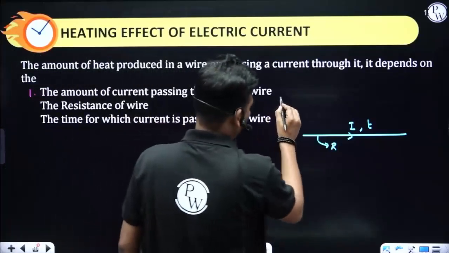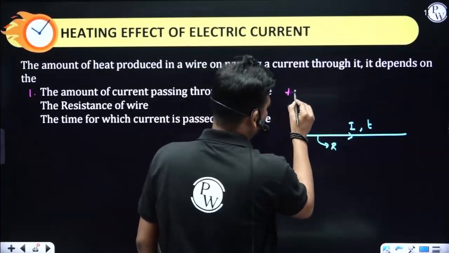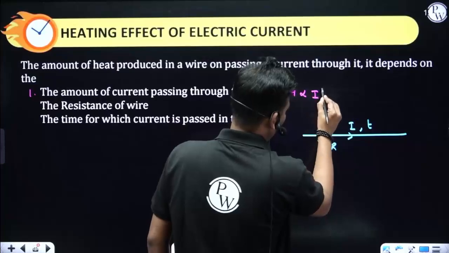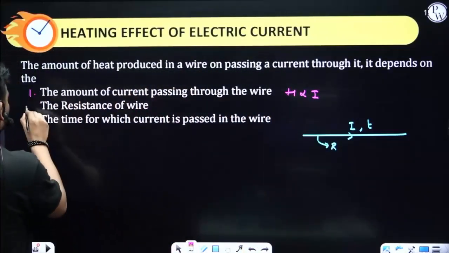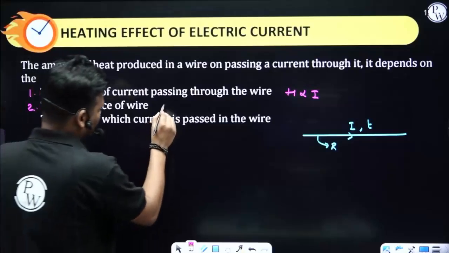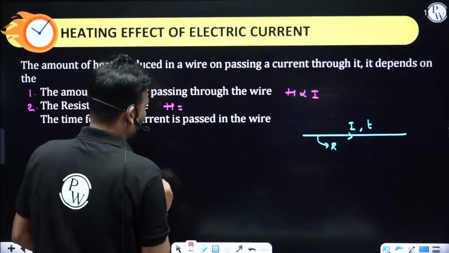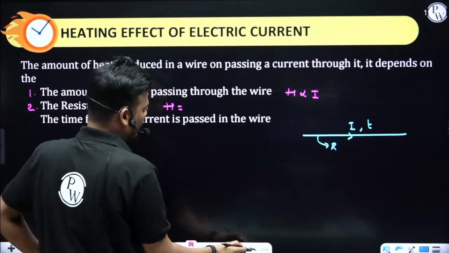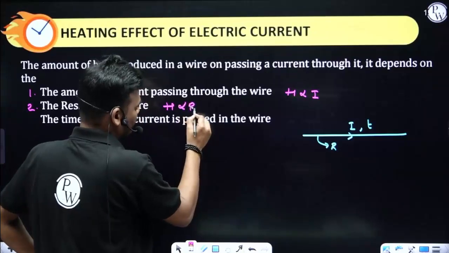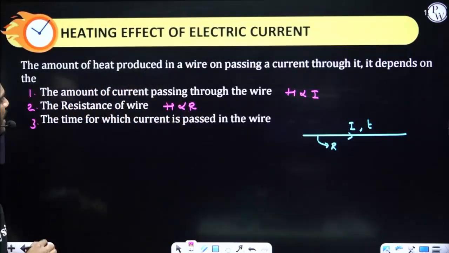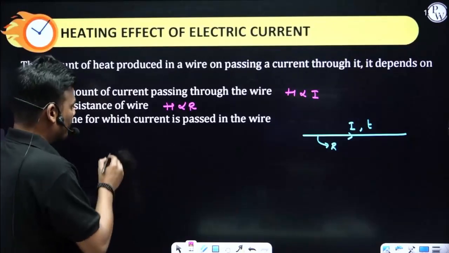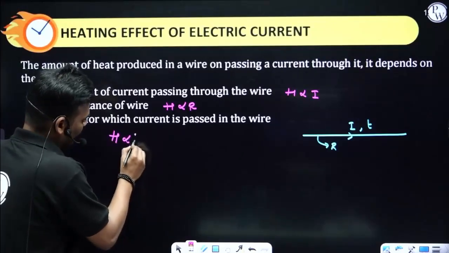According to that, the first point: the more the current passing through the wire, the more the heat energy, so the heat is directly proportional to the current I. The next one, the resistance of the wire: the amount of heat produced is directly proportional to the resistance of the conductor. Third, the time for which the current is passed in the wire is also directly proportional.